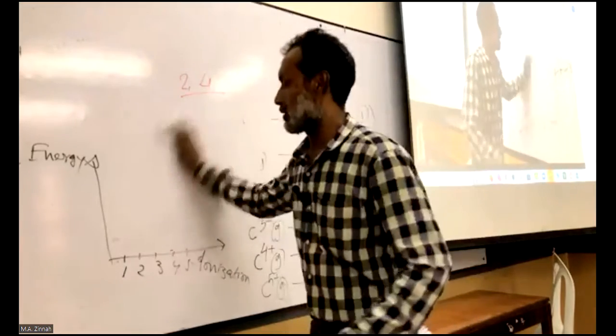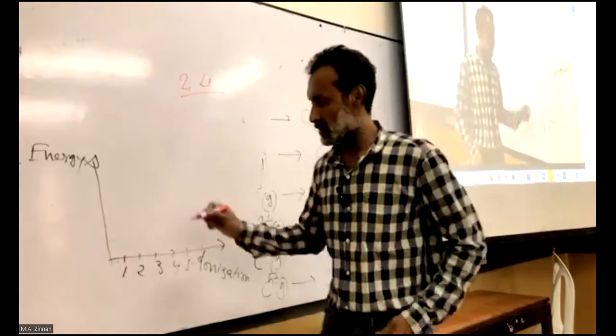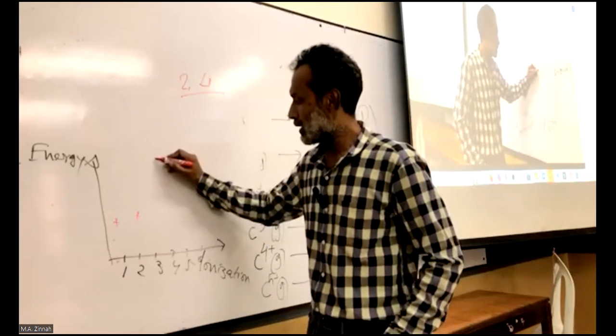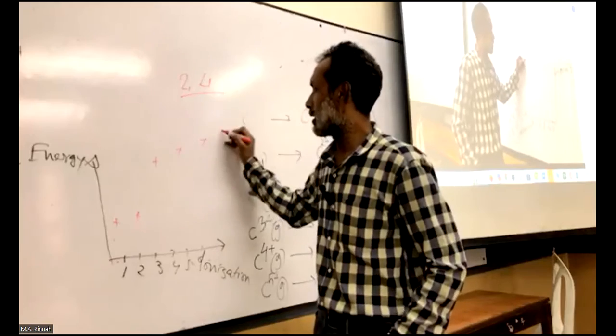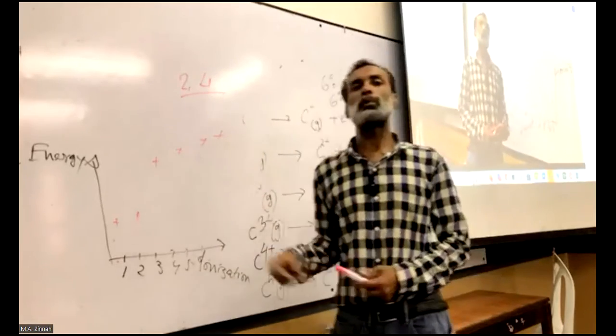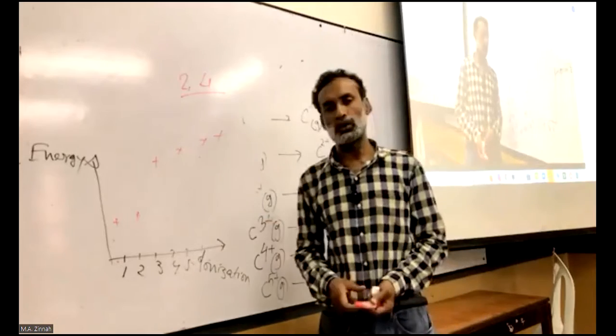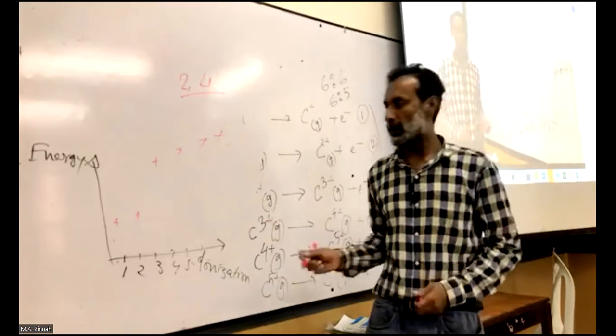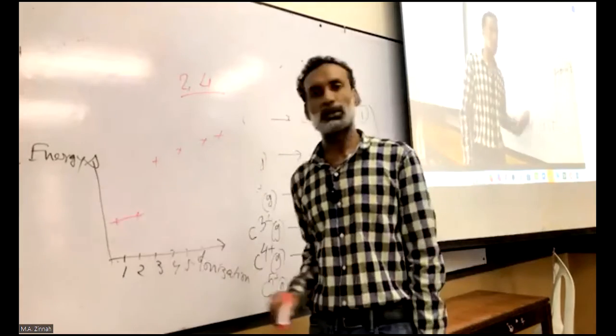Suppose you get another electron configuration like this, and I don't write all the ionization energies. Which group in the periodic table do you expect this element to be in? Second, right? Here 2 electrons in the outermost shell.